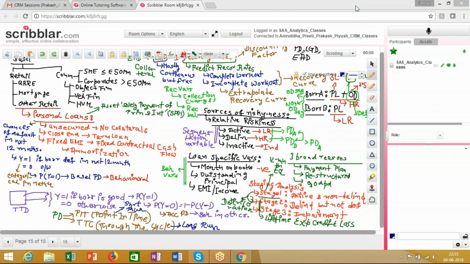So as I was saying, given the fact that, thinking from the BASEL perspective, I would always see that it is a long run. It's that kind of a long run PD, a PD which remains more or less constant over the years. So that is a long run PD. I mean, that's a through the cycle long run PD.